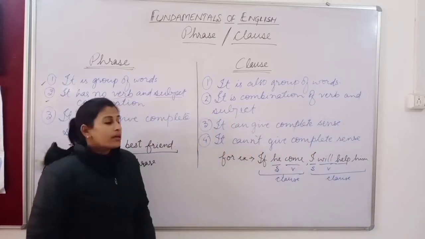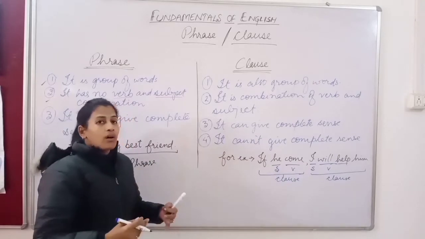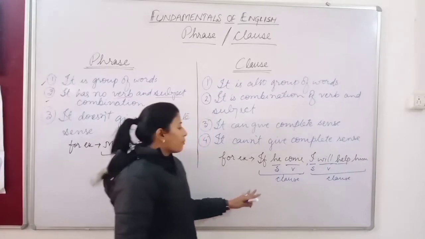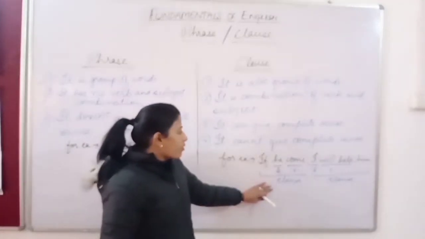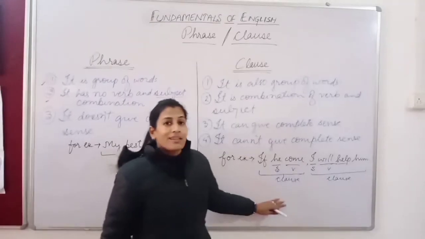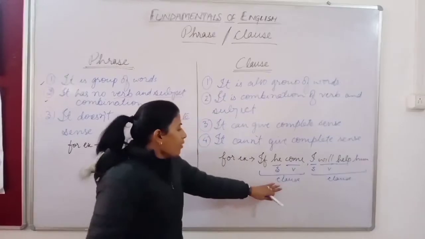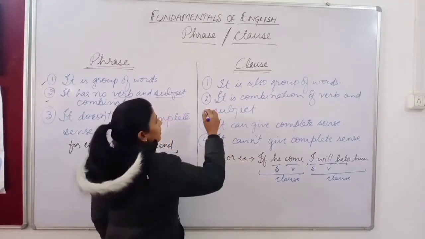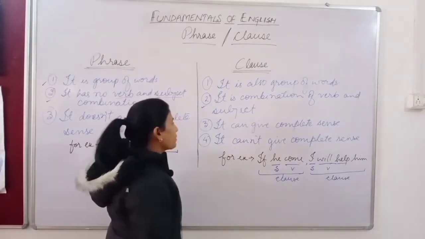Always remember, a sentence contains one or two or more clauses depending on the sentence, but it always carries a subject and verb, so that we clarify what is a clause. A clause simply depends on having the combination of verb and subject.